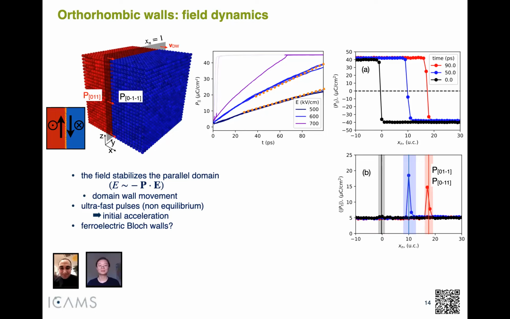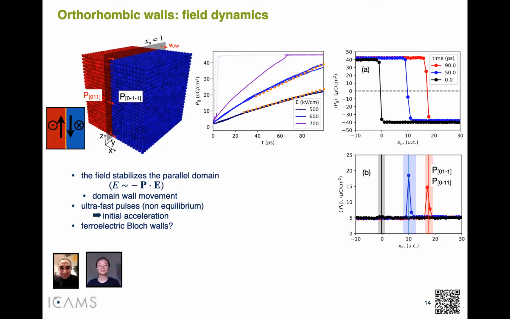Then we applied the field, and you see that there's a linear increase of the polarization after some equilibration. So we have some fixed velocity in the steady state, whereas we have again this initial acceleration with the same mechanism discussed for the tetragonal phase.